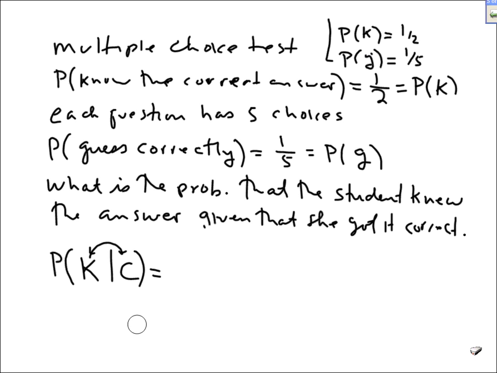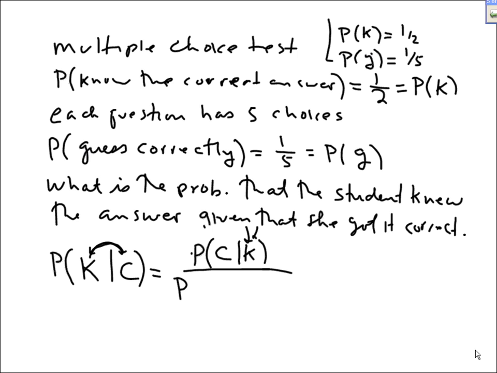So we try Bayes' formula. We switch these two. The probability of correct given that you know it. Now, what comes here, knowing? Well, there's two options. Either you know it or you guess it.